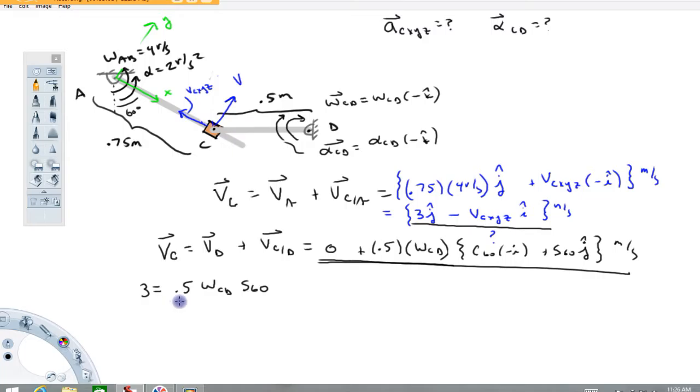And we can solve this equation, again, this is meter per second, and it's meter per second on the right. We can solve this equation for omega CD. And when we do so, I get 6.93 rad per second. And again, this came out positive, so in direction shown.